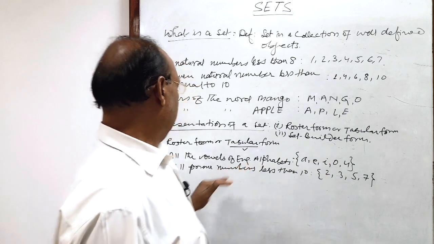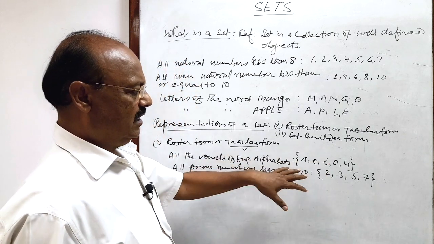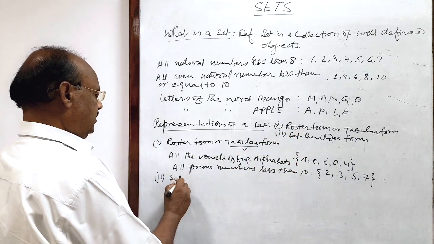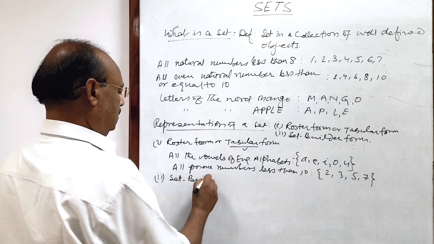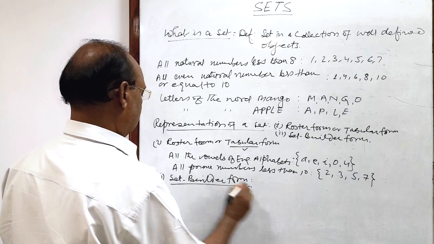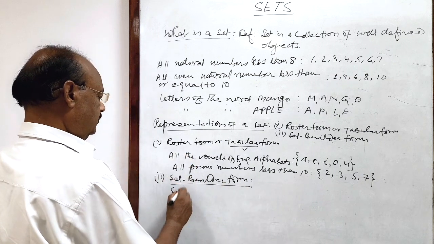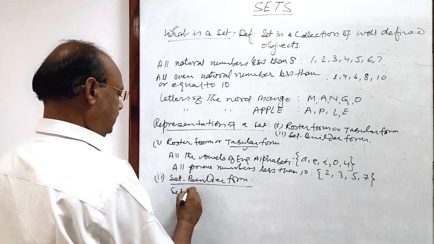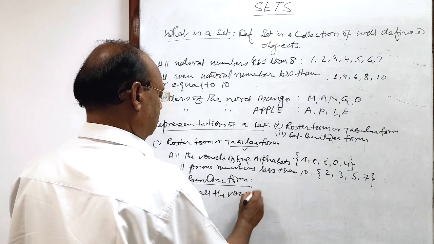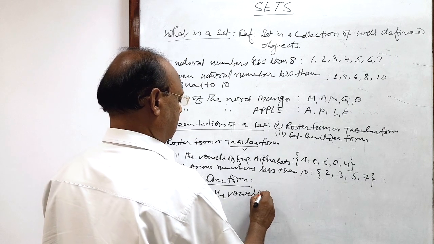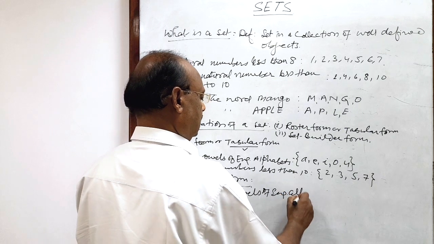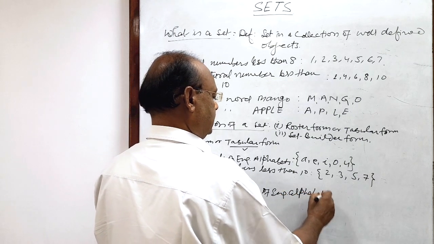As for example, if these two same sets are represented in set builder form, suppose you have to write the same thing, set of all the vowels of English alphabets.